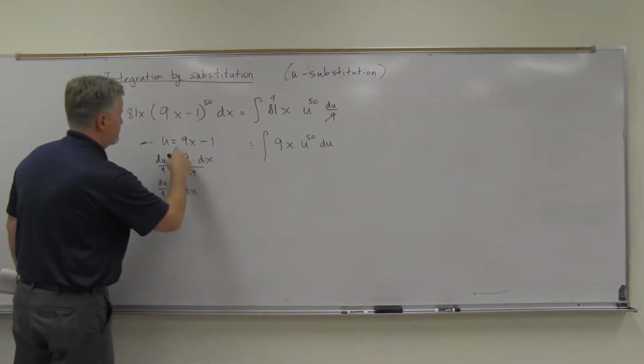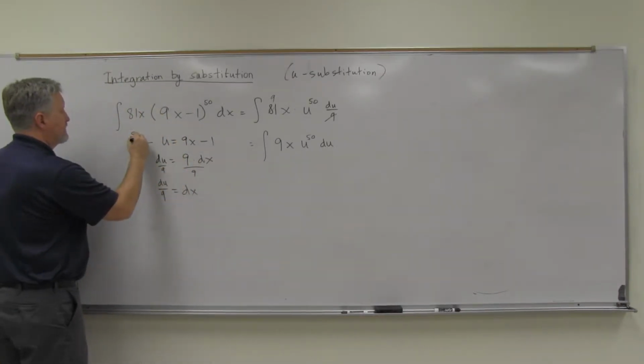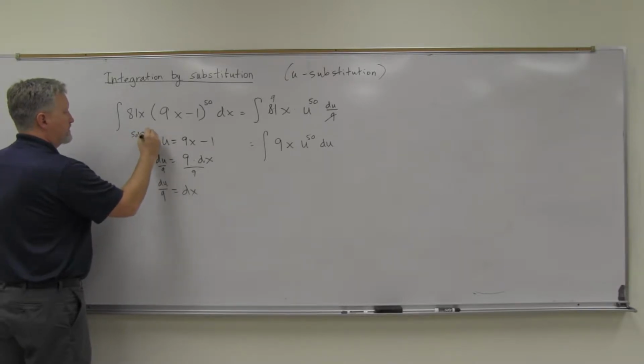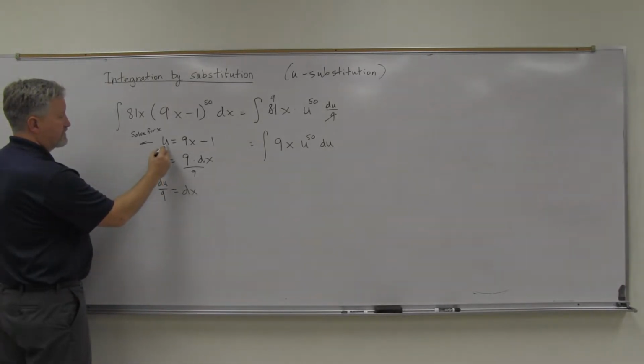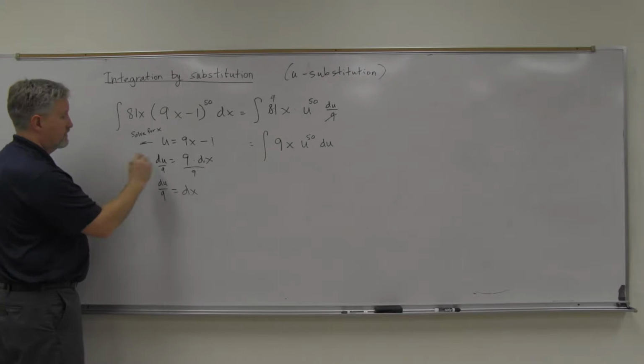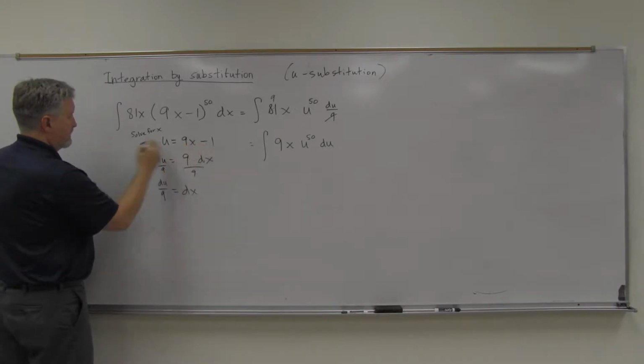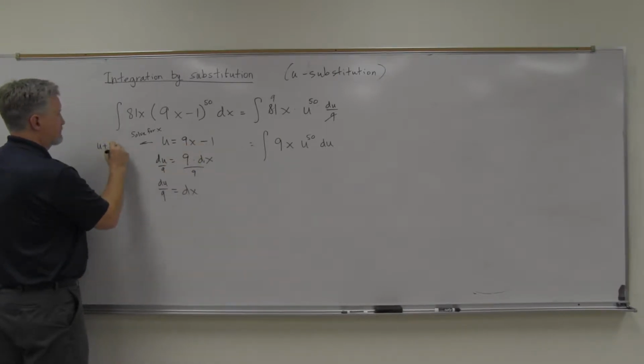And so let's go back to the original equation. If I solve this for x, let's see what that gives me. So the original substitution equation was u equals 9x minus 1. To solve that for x, I would add 1 and then divide by 9.